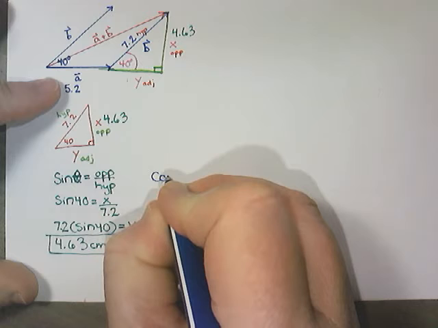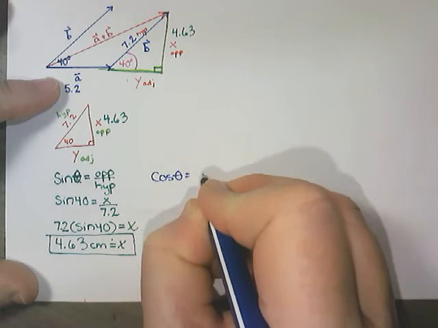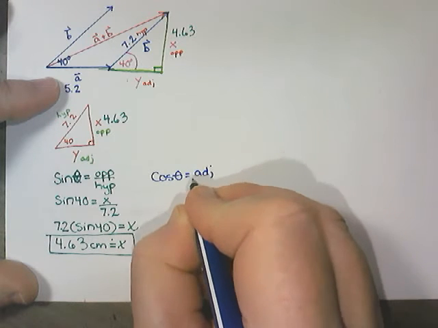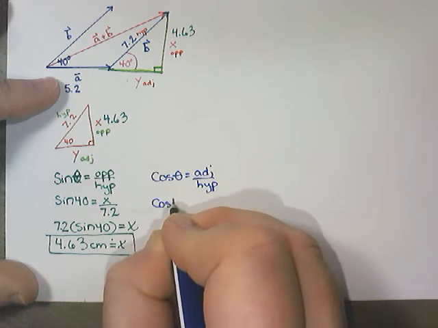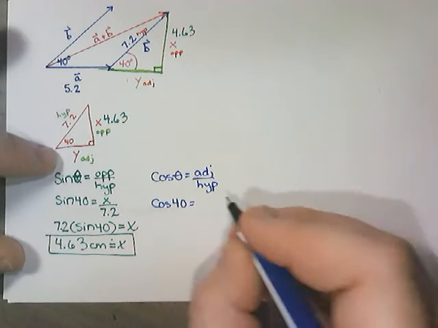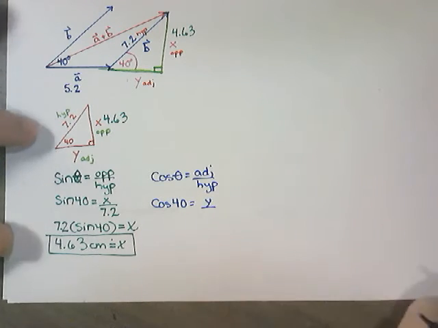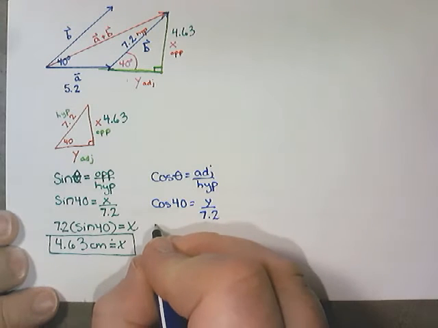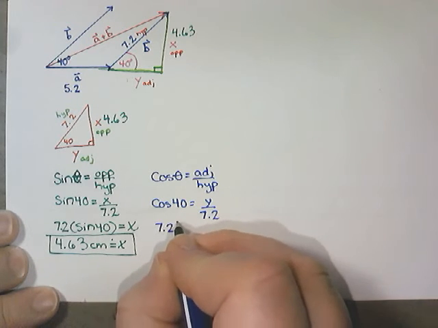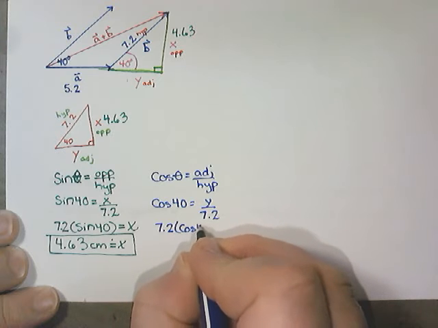So I'm going to say cosine of theta is adjacent over hypotenuse. So cosine of 40 is adjacent y over hypotenuse 7.2. And then same thing as last time, I'm going to multiply that 7.2 to the other side.